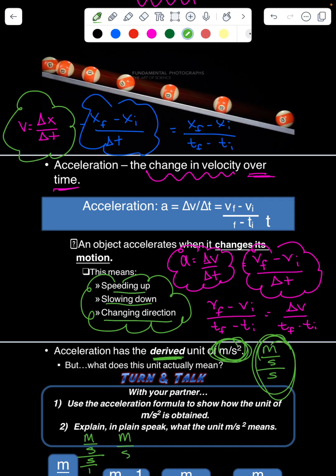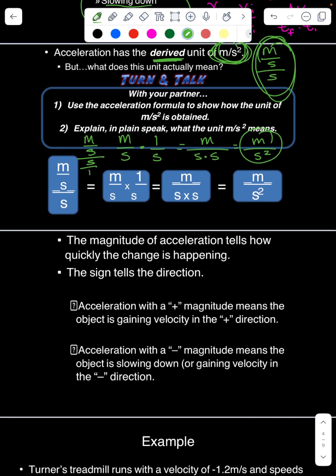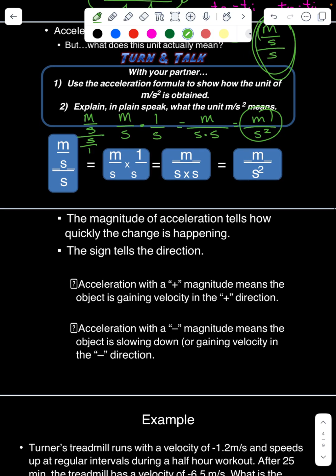So we are going to have meters per second times, we are going to flip that bottom fraction, so that's going to be 1 over seconds. That would give us meters times 1, which is just meters, over seconds times seconds. Well, if we have seconds times seconds, that means we're going to have meters per second squared. So that's where we actually get that unit from.